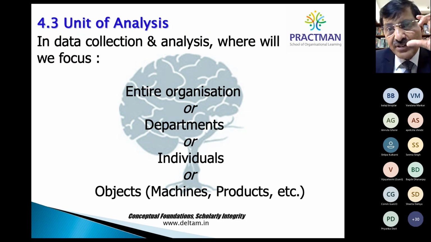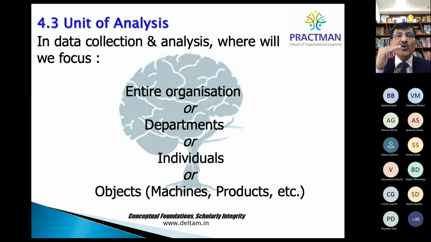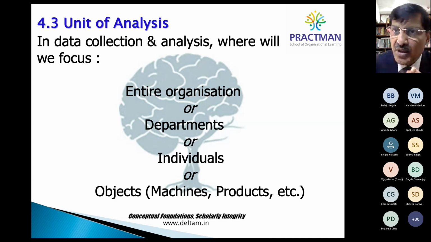Third point, when you are defining your research problem, is at what level you are going to perform the analysis. To put it simply, will the findings of your research be applicable for the company as a whole, or will they be applicable for specific departments?